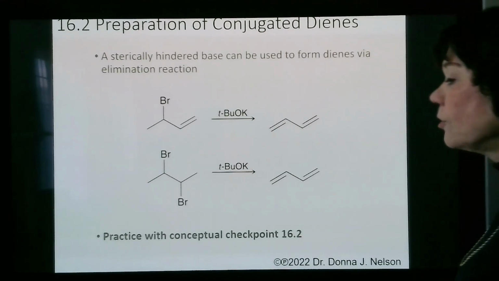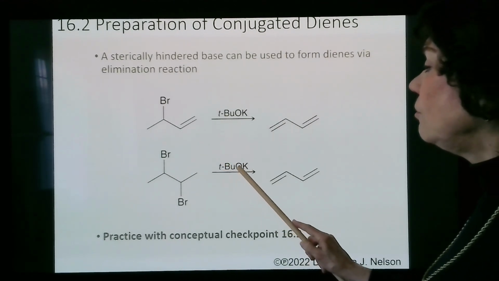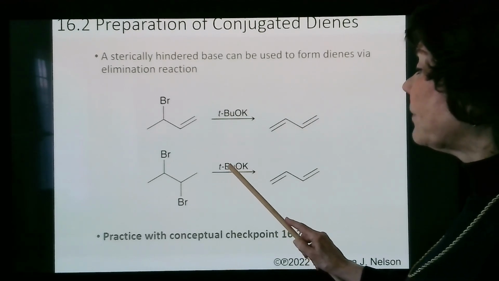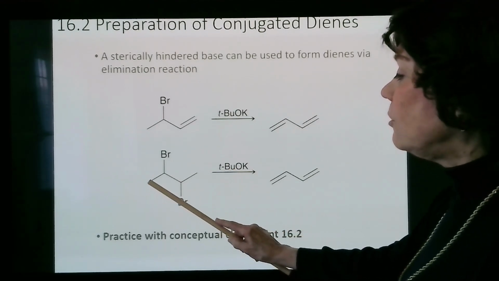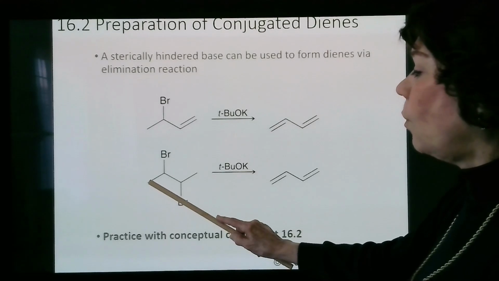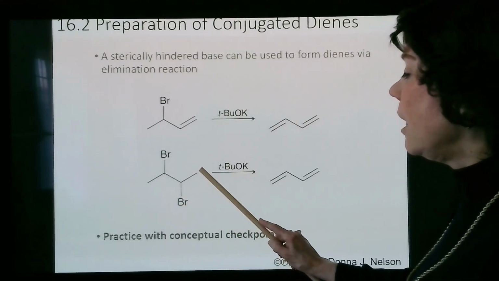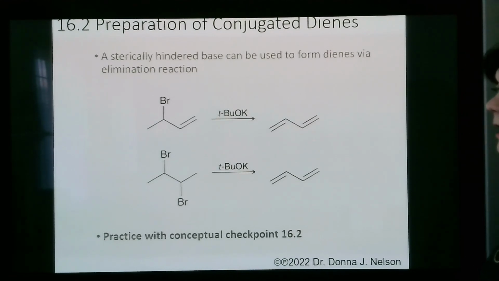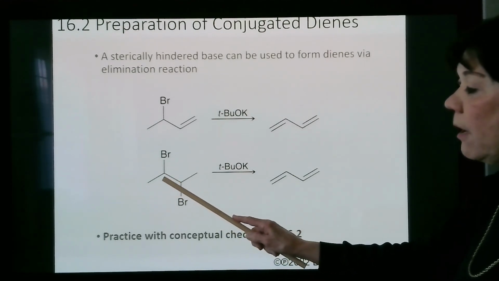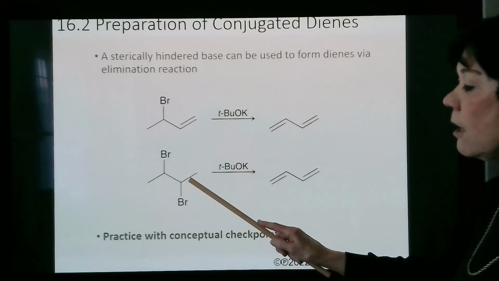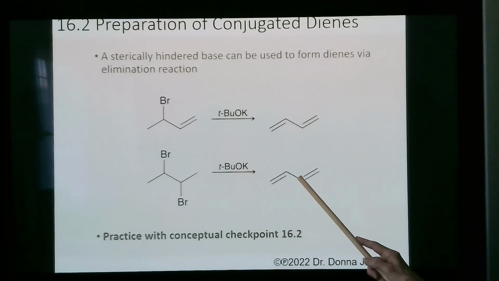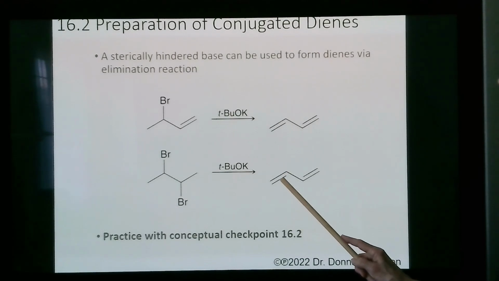And so it's important here to use the sterically hindered base to ensure that the terminal carbon is the one that undergoes deprotonation. And over here, the terminal carbon undergoes deprotonation. And so the pi bond is formed on the ends of the molecule. And that gives you the 1,3-butadiene.